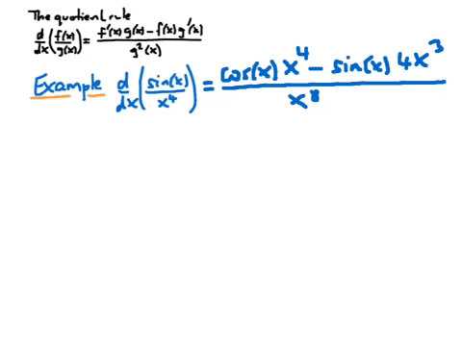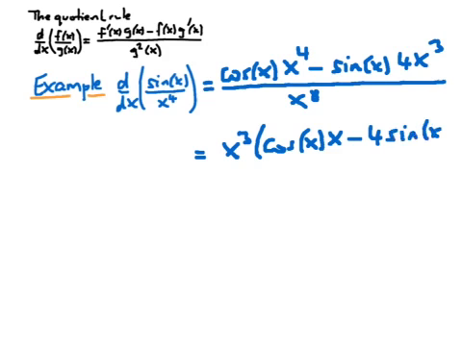So if I want to do that very slowly indeed, what I would have would be x cubed times the cosine of x times an x minus, I'll put the 4 in front, times the sine of x, all divided by, and I'm going to split the x cubed off from the x to the 8th, so it's x cubed times x to the 5th.